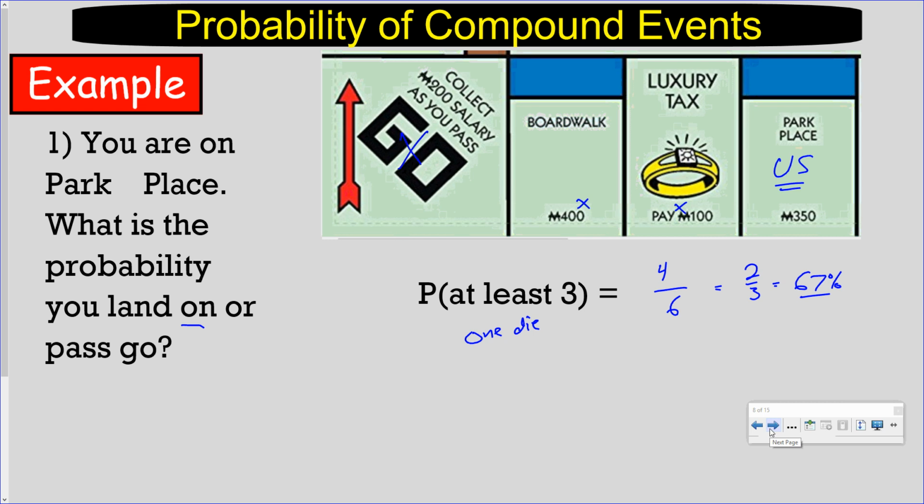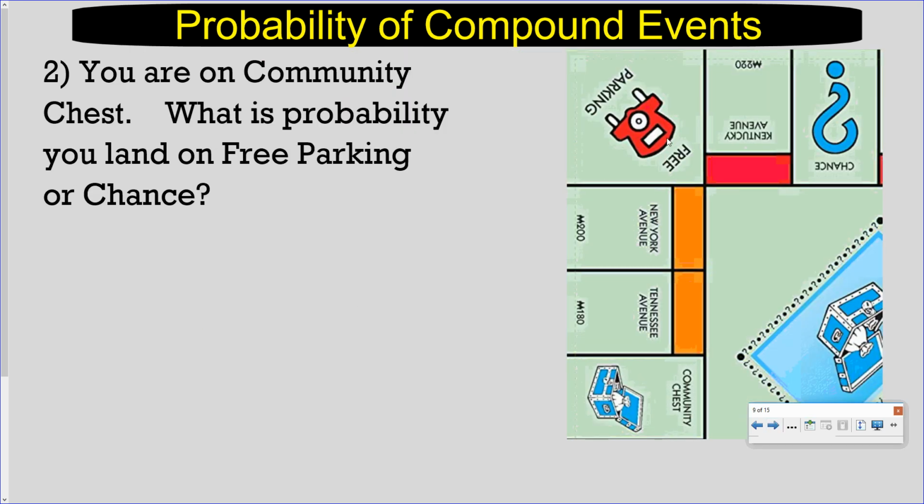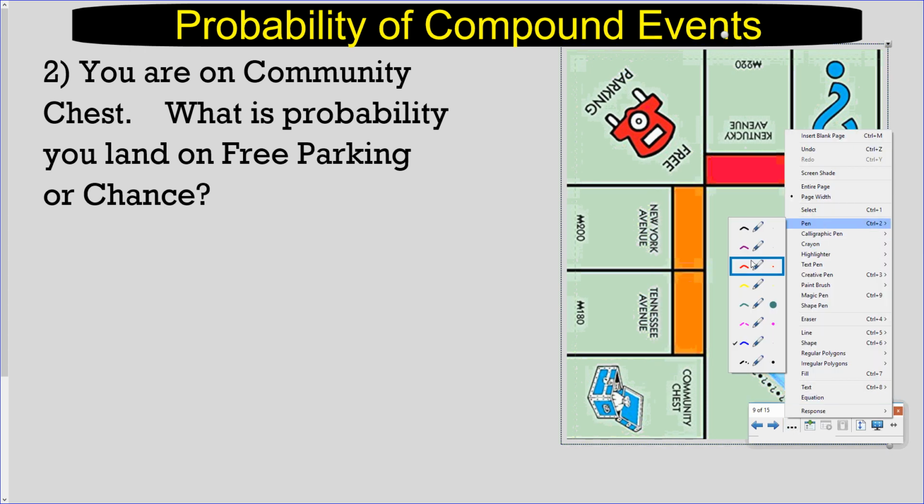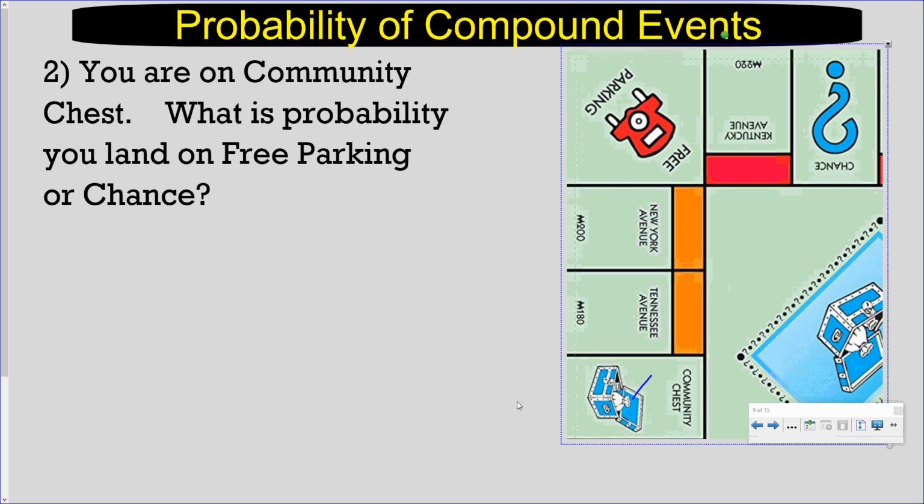Those are mutually exclusive. You're on Community Chest. Right here. What's the probability you land on free parking or chance? All right, so this would be a 1, 2, a 3, a 4, and a 5. So can I land on both?